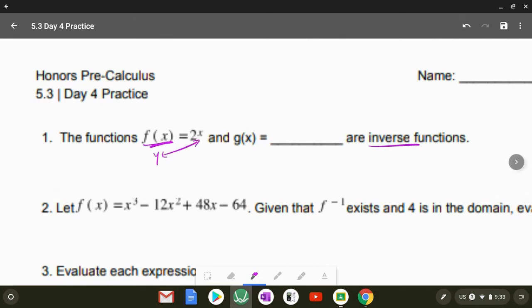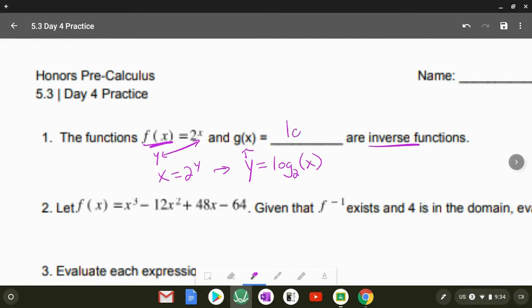So if we switch x and y, and then the way we get y by itself, remember we use logs. So y equals log base of the log matches the base of the exponent. And there's our inverse. We got y by itself. That goes back and replaces with our function notation.